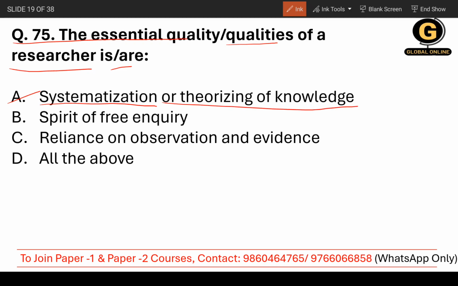Of course, a systematic manner is very important, and theorizing is also very important. Spirit of free inquiry, of course, you need to have that. Reliance on observation and evidence, of course, because without evidence and observation, your research will not work. So we'll say that the all the above option is the correct answer.